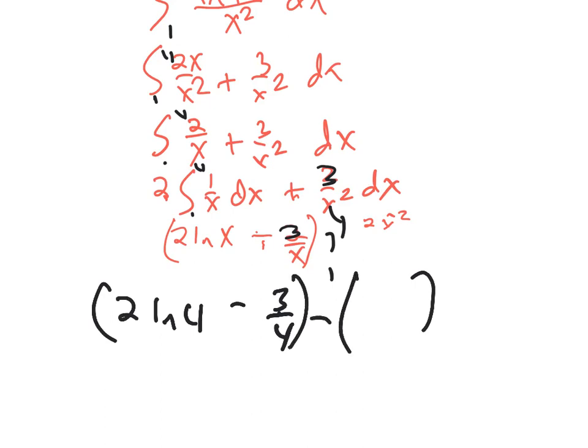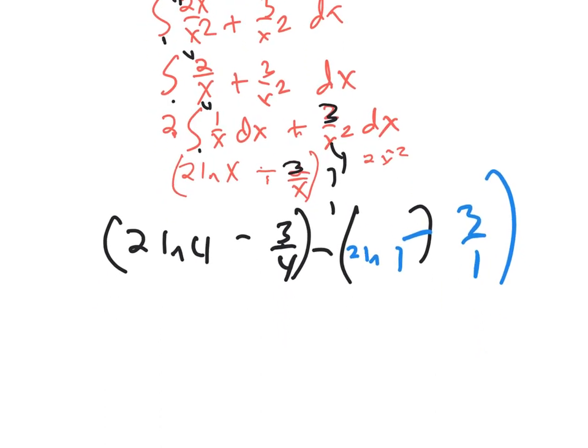Minus, plug in the 0. No, plug in the 1: 2 natural log of 1, minus 3 over 1. There it is. That's 2 natural log of 4 minus 3/4 minus 0 plus 3.